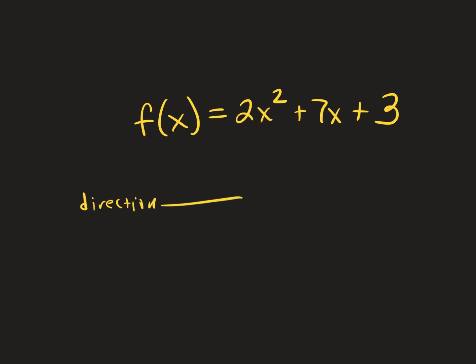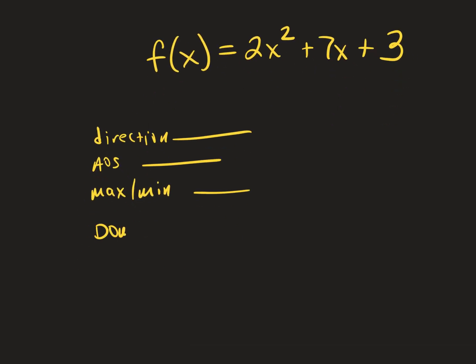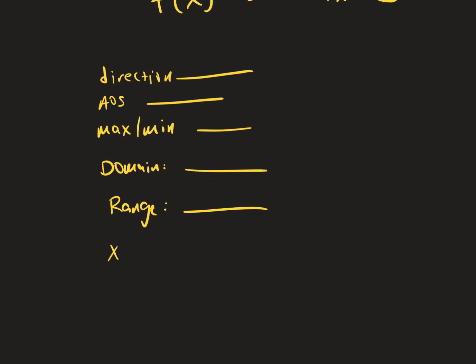You were asked the axis of symmetry. You were asked the max and min. You were asked domain and range. X and Y intercepts. Domain, range, max, min. Oh, and vertex.